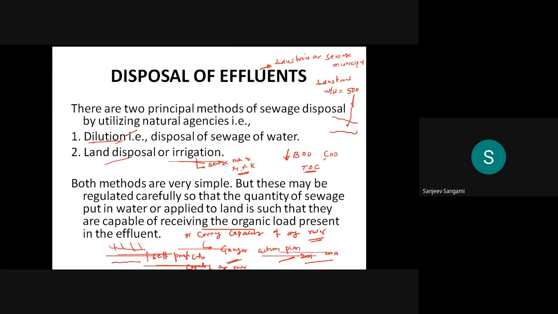In that case, you always have to follow some of the norms, so that we are not disturbing the carrying capacity of any of the rivers.